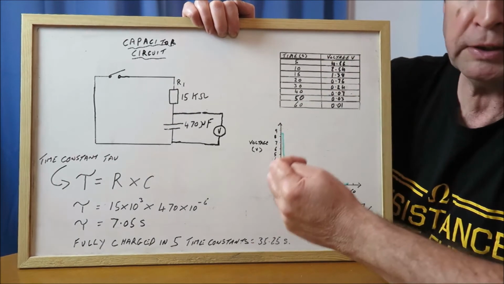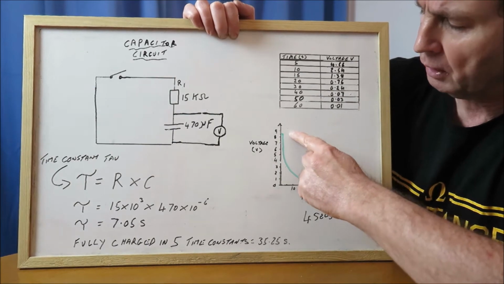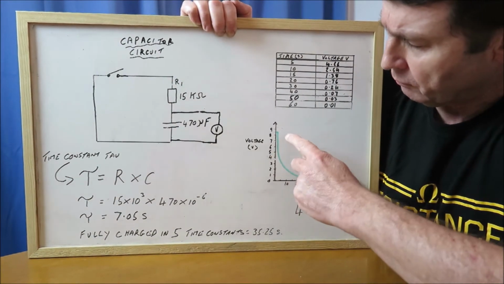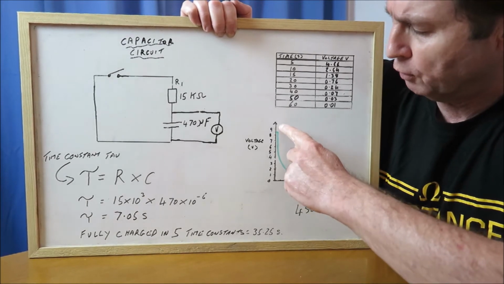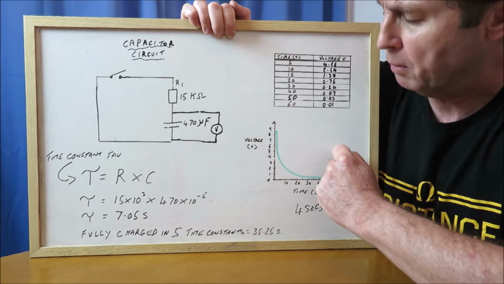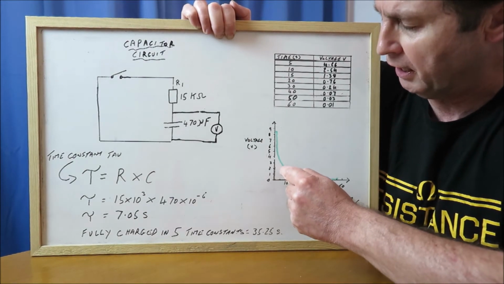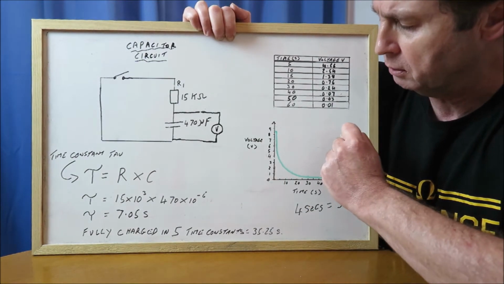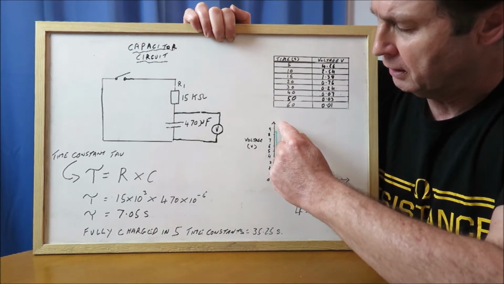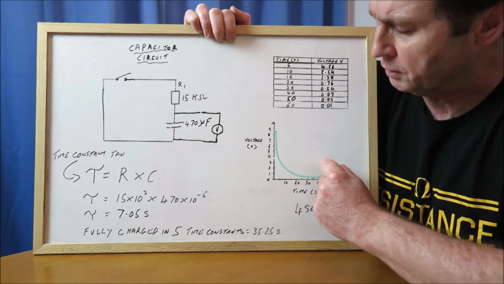Okay, so we plotted them on the graph, and that's this green curve here. And what you can see is that we've got an exponential curve once again, but going down, discharging. If you remember, when we charged, it charged exponentially upwards, and now we've discharged it, it's discharged exponentially downwards.